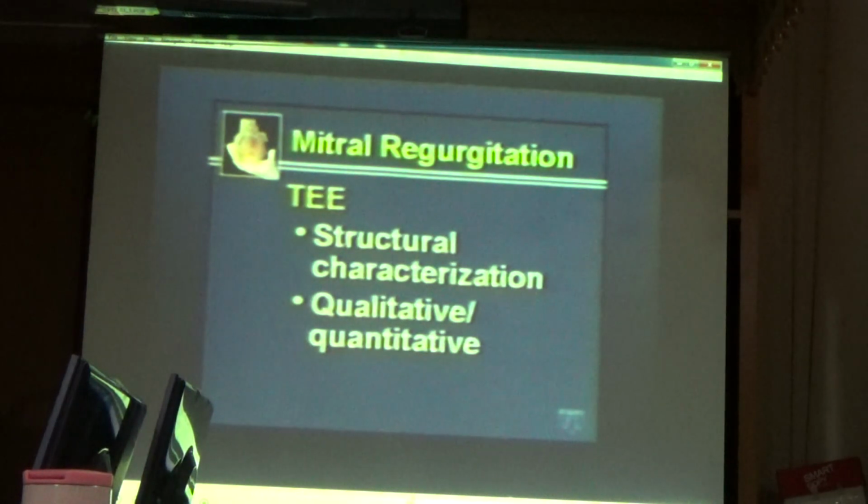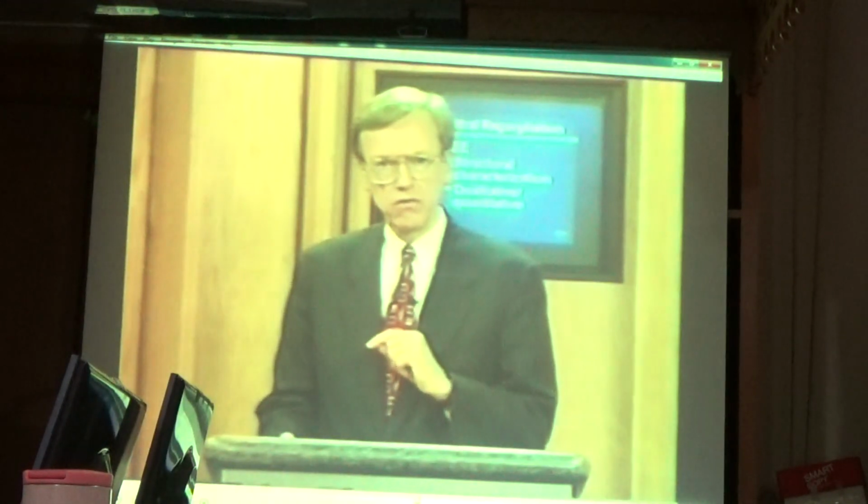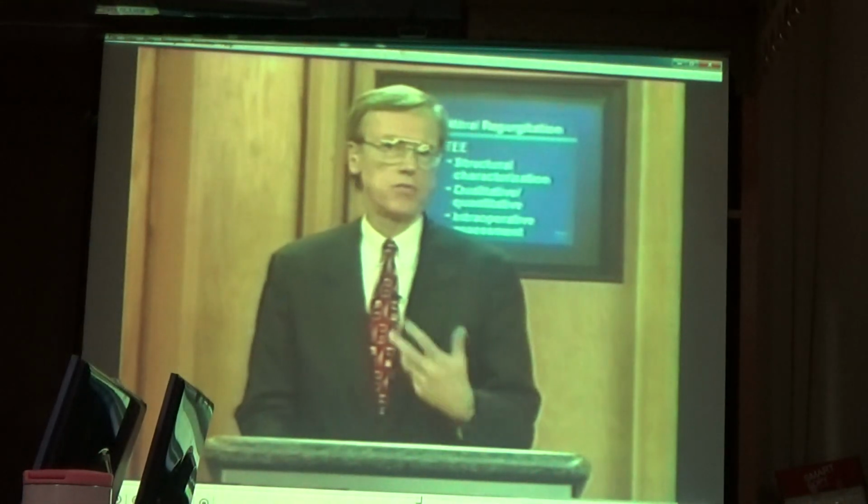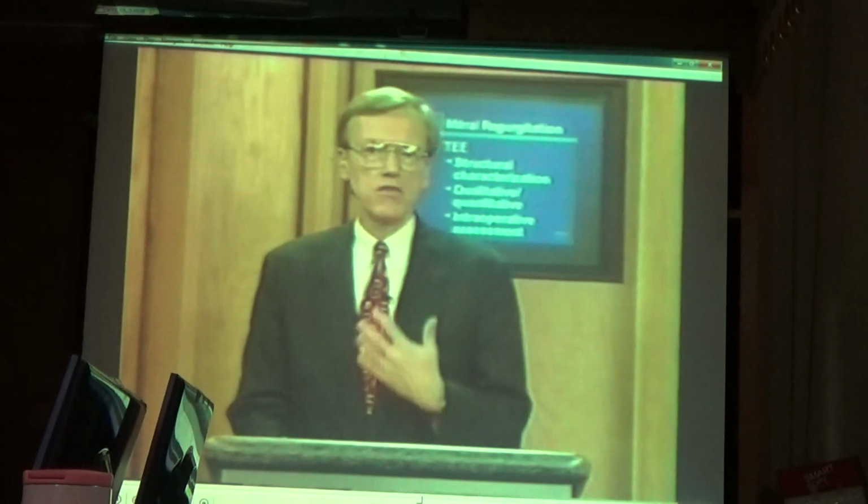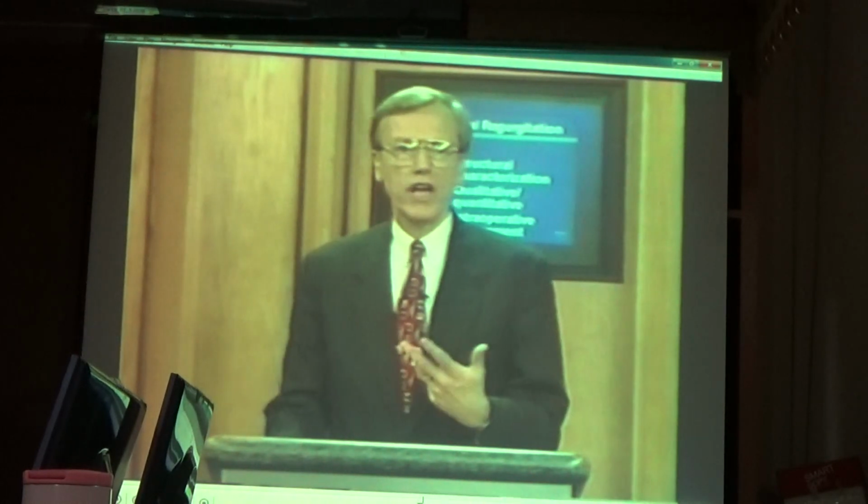In fact, I would say that for quantitation, surface echo is the technique of choice, not transesophageal. For qualitative assessment of regurgitation, particularly mitral, it's very good. But remember the limitations of qualitative assessment. Very limited. Lastly, intraoperative assessment of transesophageal is the procedure of choice because, in fact, today, correction of the problem is paramount.